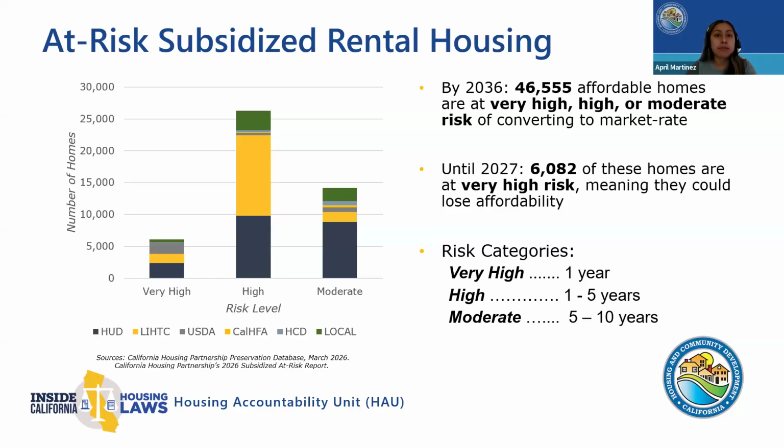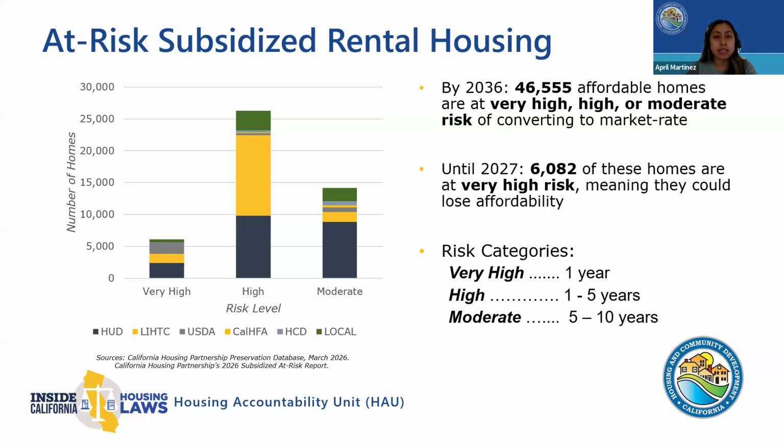Looking at the present data from the California Housing Partnership's 2026 report, we see that 46,555 homes are at risk of losing affordability by 2036. 6,082 homes are at a very high risk of losing affordability this year. Risk levels in this graph demonstrate properties that are very high risk level, meaning affordability is ending within 1 year. High risk level, meaning within 1 to 5 years, affordability would end.